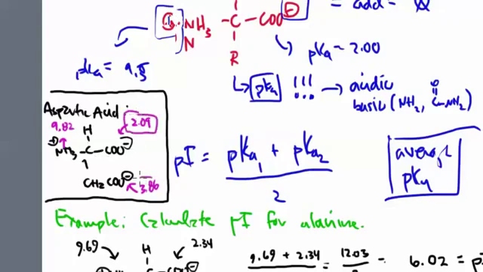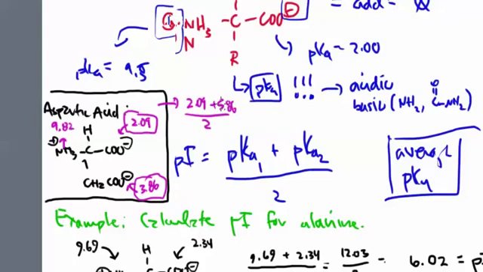So that means 2.09 and 3.86 are closer together than this 9.82. 3.86 and 9.82, they're really far apart from each other. 9.82 and 2.09, they're even further apart from each other. So you take your two closest values, and that is what you average. So I'll take 2.09 plus 3.86, and then I'll divide that by 2.